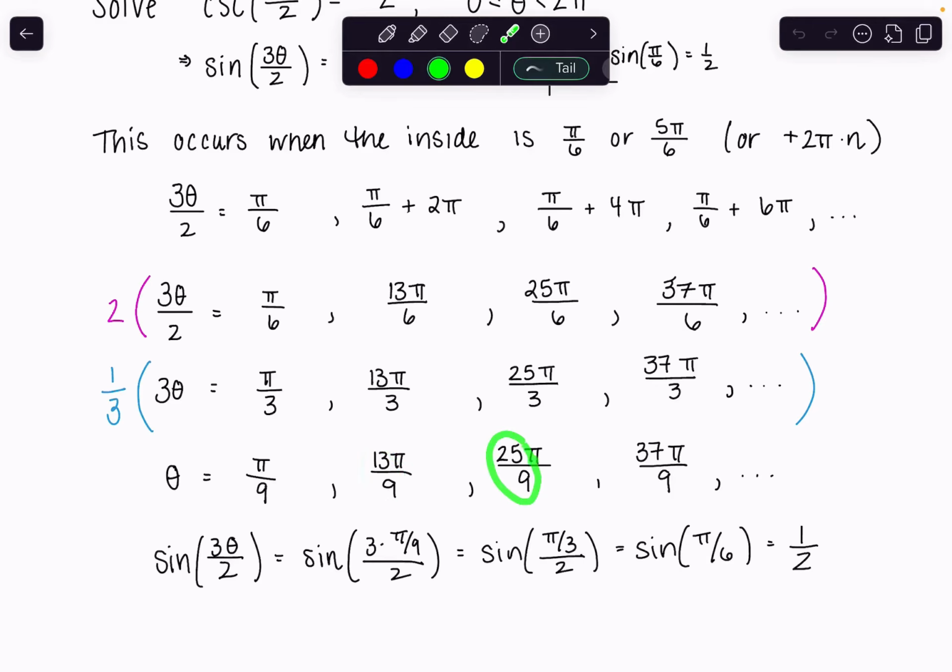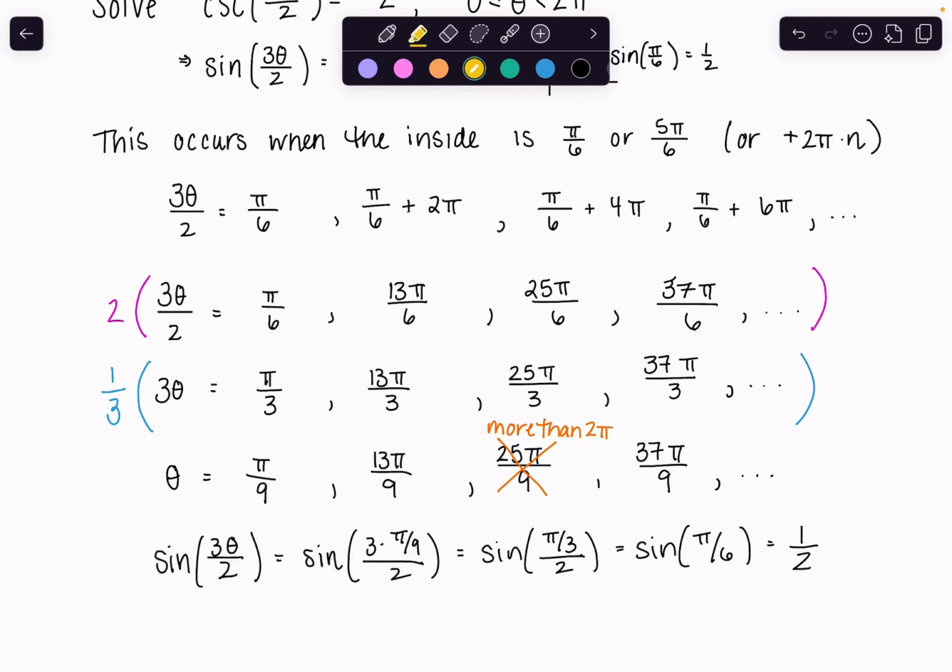If I look at 25 over 9, well, 25 divided by 9 would give me 2, and then I have a remainder of 7 over 9. So this is going to be more than 2 pi. I don't know exactly what it is, but I know it's 2 point something because 9 divides into 25 2 times.